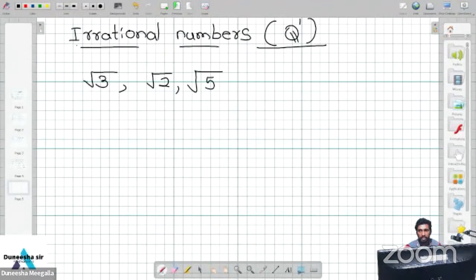Okay, can you take the value of root 3 by the calculator? Can you tell me what root 3 is by using the calculator?